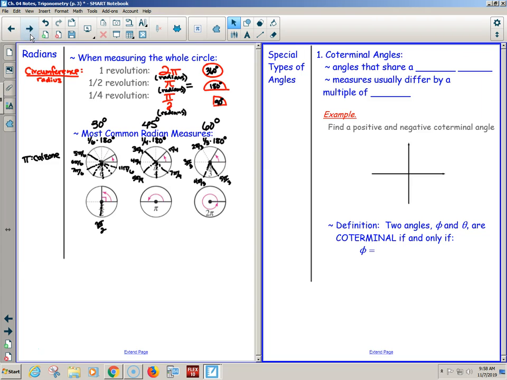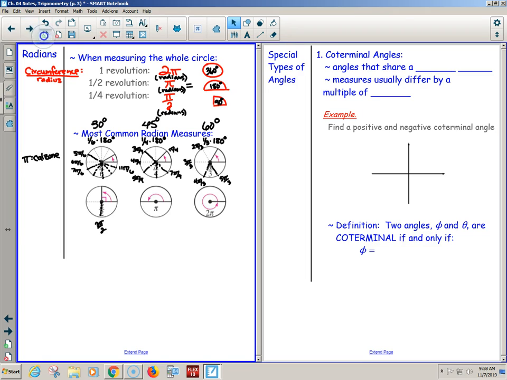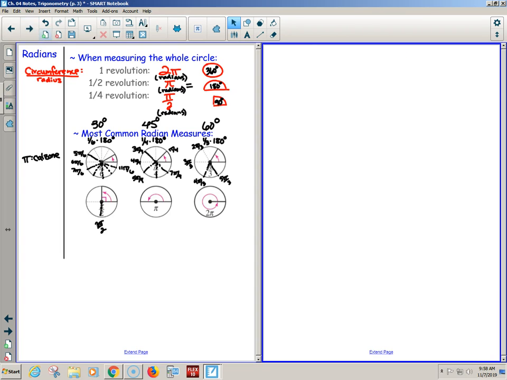Okay, so yesterday we were talking about how all these angles are just fractions. Before we get into the whole coterminal thing, just to get an idea of angles, because it's going to be helpful, let's do one that's not on the unit circle, so that we're all on an even playing field. What if I gave you 13 pi over 12? What quadrant would it be in? Quadrant 3.